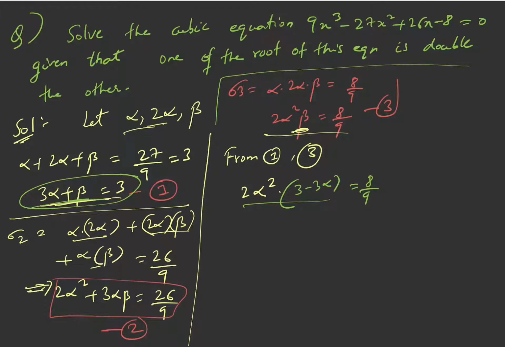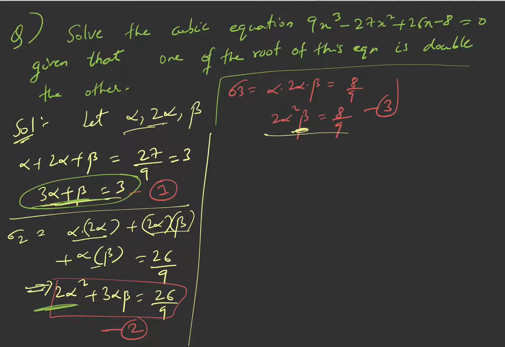Okay, but then this is again a cubic equation, we are getting a cubic equation in alpha. So let us leave it. Let us not solve a cubic equation because we don't know easily how to solve it. So yes, let us use equation 1 and equation 2.